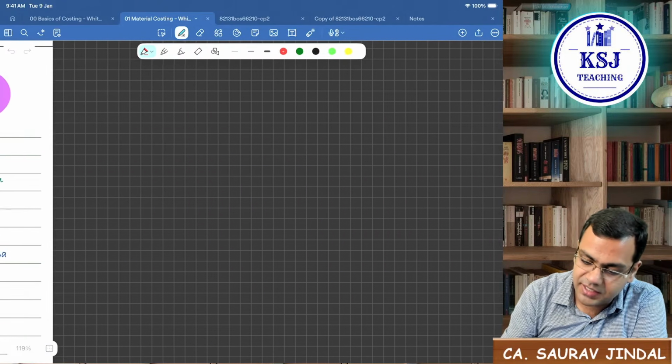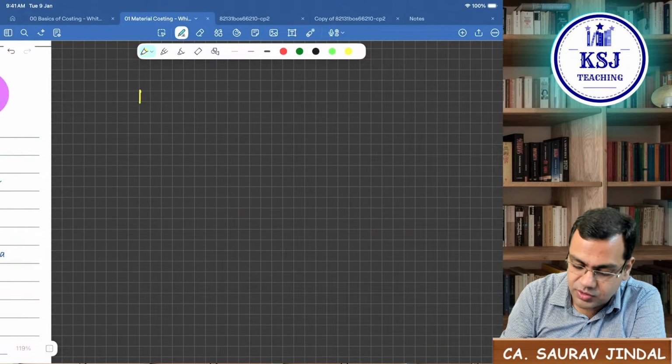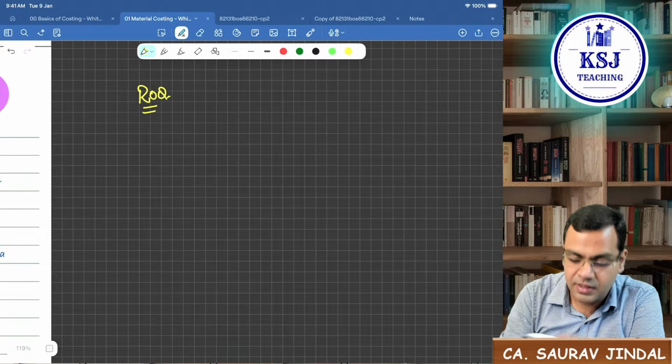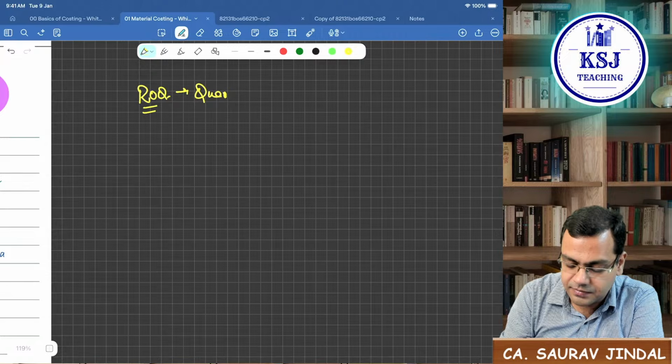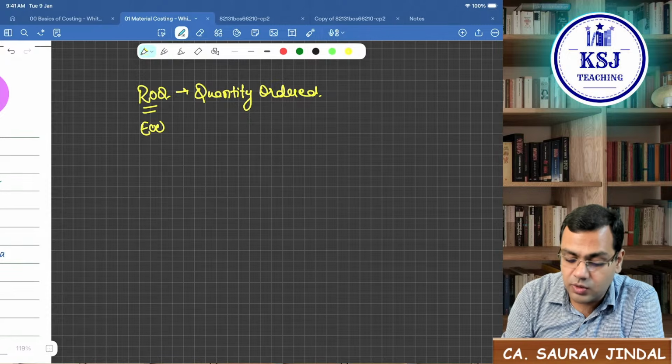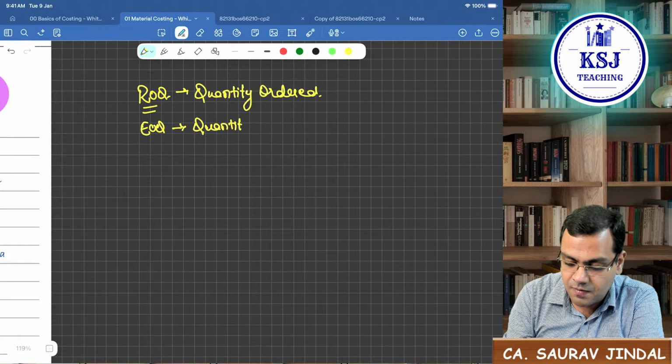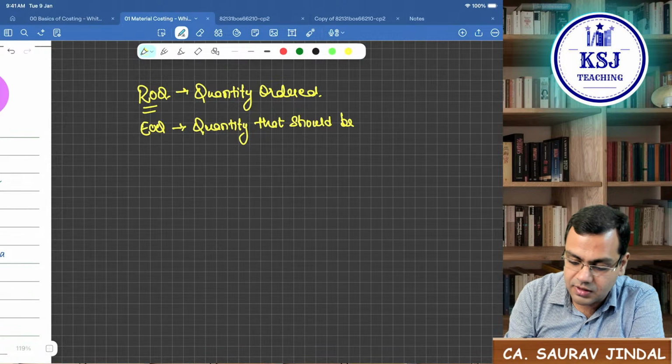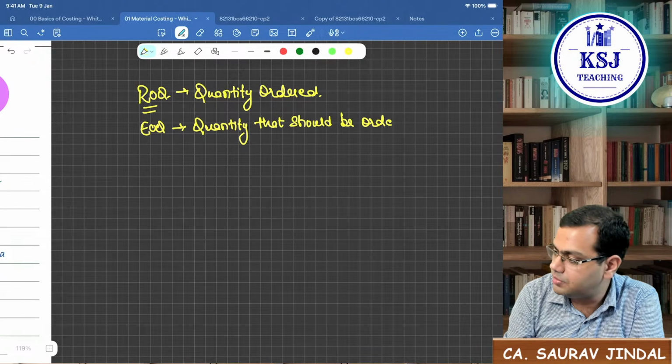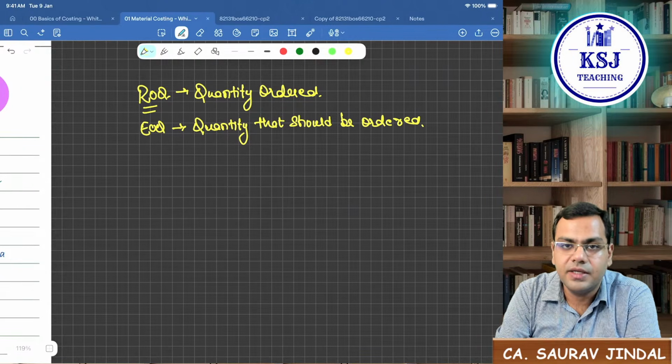So there are two terms: ROQ tells you the quantity ordered, and EOQ tells you the quantity that should be ordered.